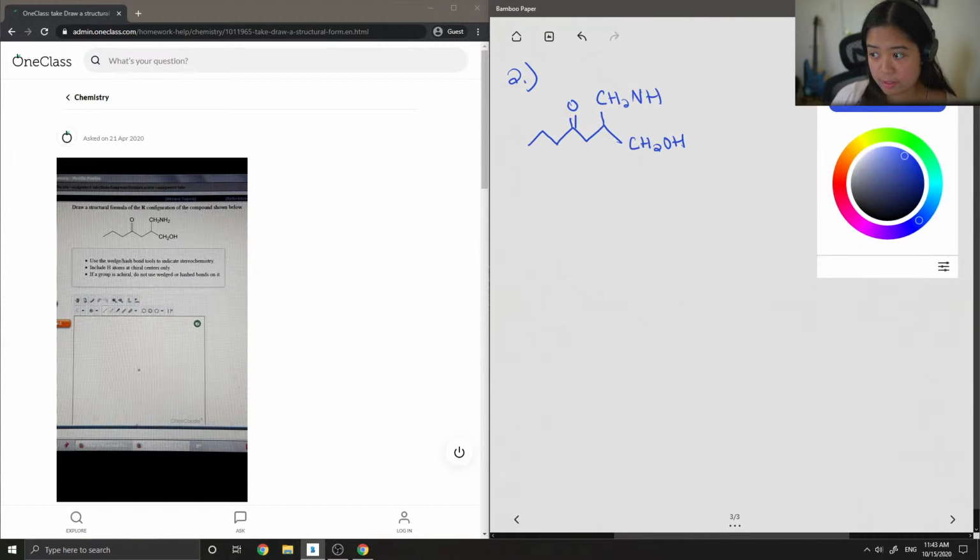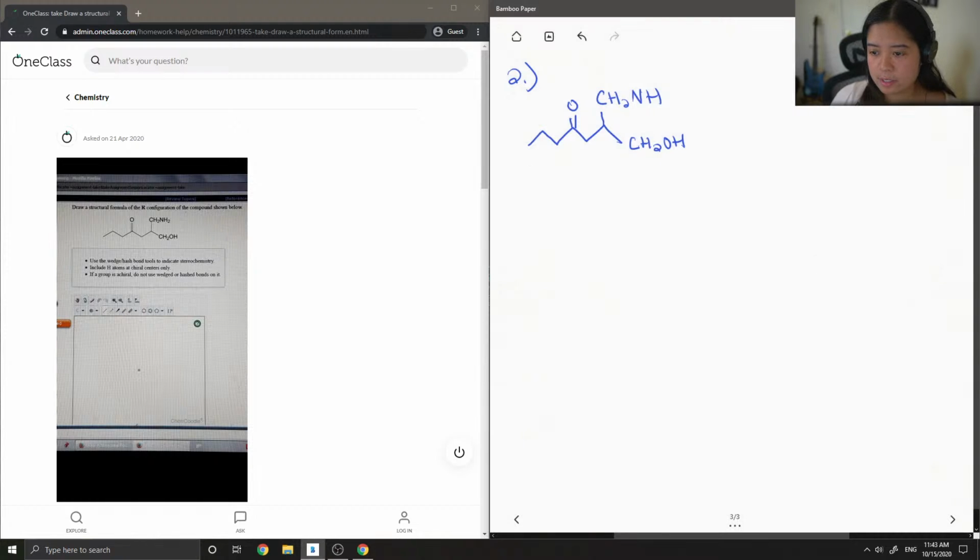Okay, so the first thing you want to do with these types of questions is to first find the chiral center. So that just means it's a carbon that has 4 different groups on it.